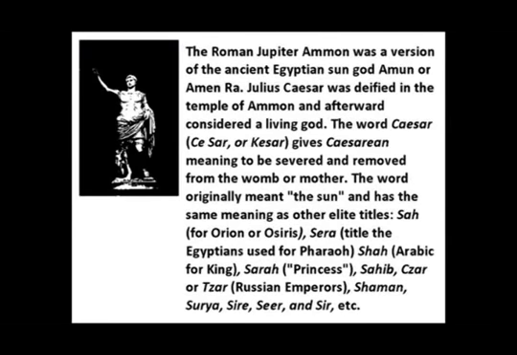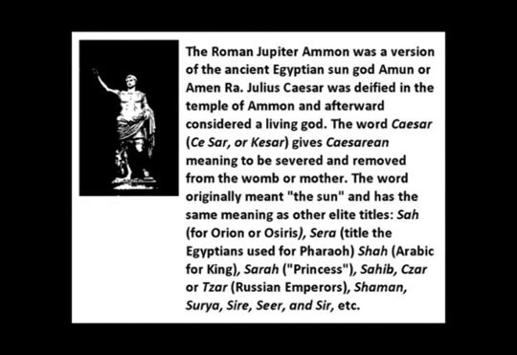The Roman Jupiter Ammon was a version of the ancient Egyptian sun god Amun, or Amun-Ra. Julius Caesar was deified in the temple of Ammon, and afterwards he was considered a living god. The word Caesar gives us the word Caesarean, meaning to be severed and removed from the womb or mother.